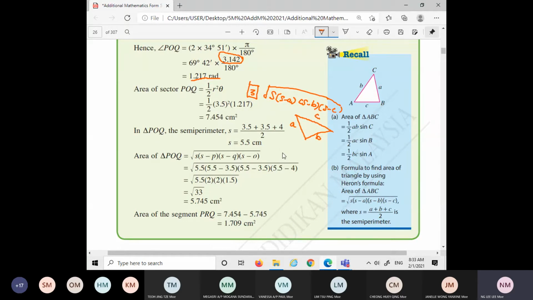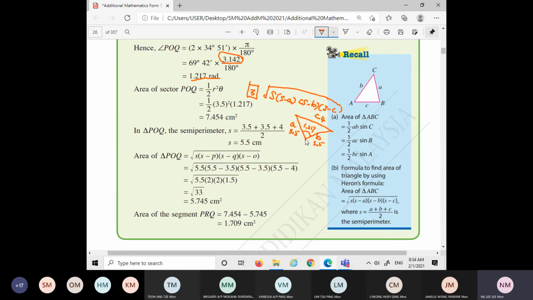Inside the diagram, A is the radius, and here again another radius, and then C is given as 4. This angle is 1.217 radian. So 3.5 plus 3.5 plus 4, then divide by 2.